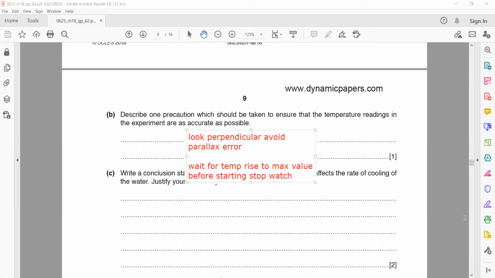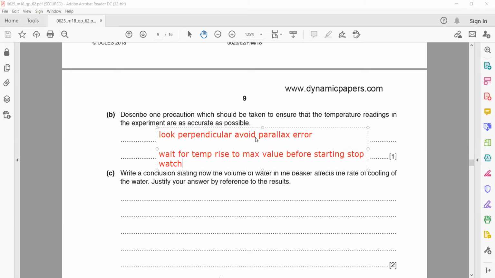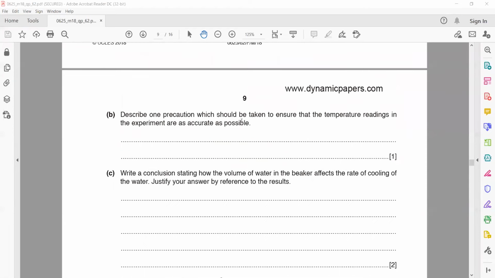So before starting the stopwatch, he should make sure that the temperature value rises to the maximum value, and then he will record that. Also, for liquids, it should be stirred as well, so that there is uniform temperature throughout the mixture.